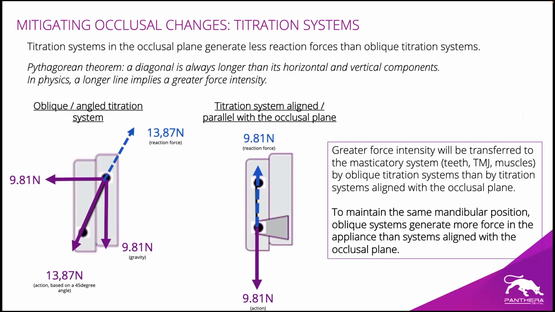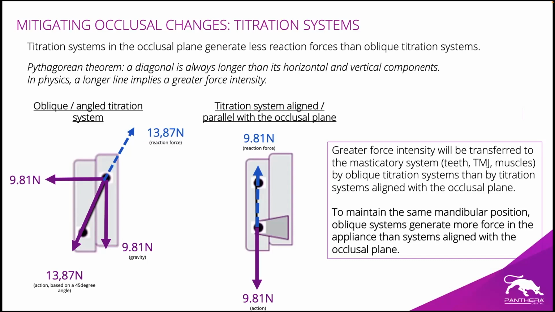How the Pythagorean theorem works is the hypotenuse of a right triangle, the diagonal, is always the longest. From a biomechanical or engineering perspective or physics perspective, the longer that hypotenuse is, the more force is transferred along that line or that vector.